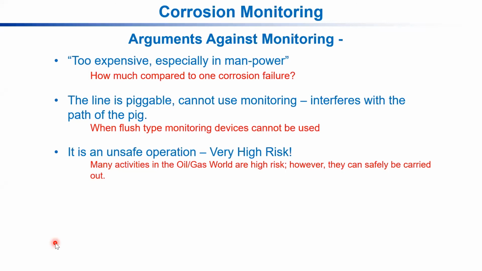Have you ever said stop drilling, for instance? Have you ever stopped drilling after so many deaths? Think about it. How many people have died in drilling? And we never said stop drilling. We are doing it safer. We are having more controls. We are training people more and more. And this is the same thing we can do with corrosion monitoring in high pressure systems.